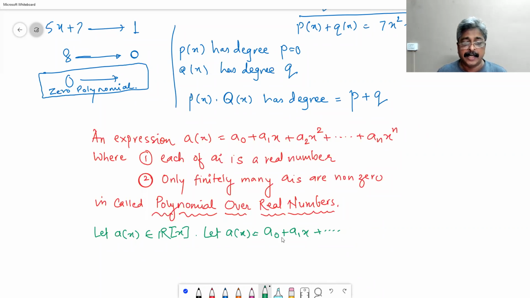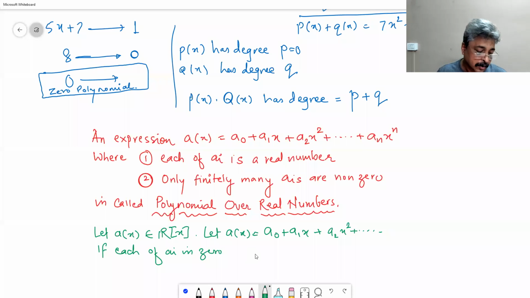If each of the a_i is 0, then a of x is the zero polynomial.